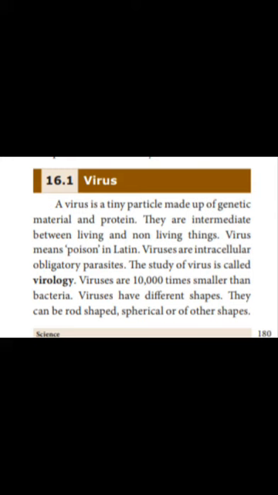Now we will discuss the structure and characteristics of virus. What is a virus? A virus is a tiny particle made up of genetic material. What is genetic material? That is DNA and protein.